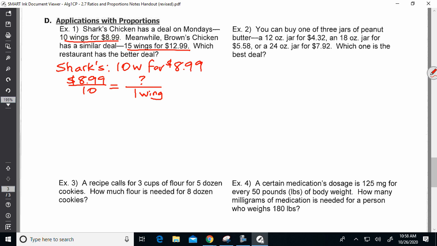So if I want to figure out how much one wing is going to be, what do I need to do? What should I do if I want to find out how much one wing costs?